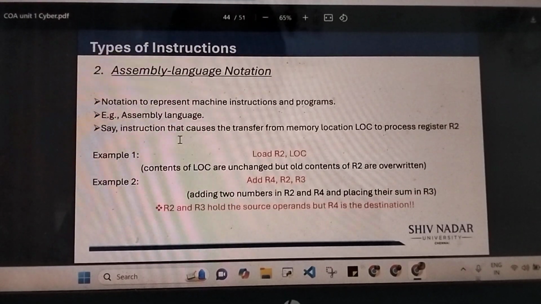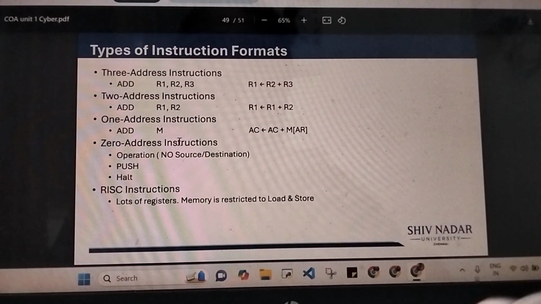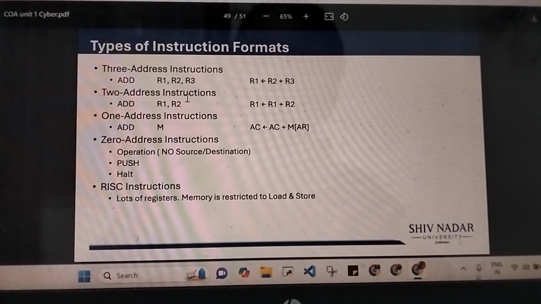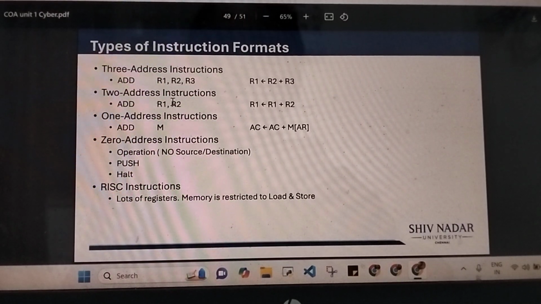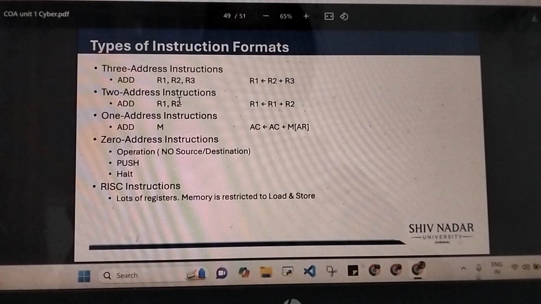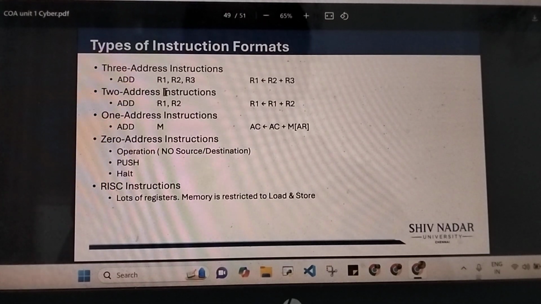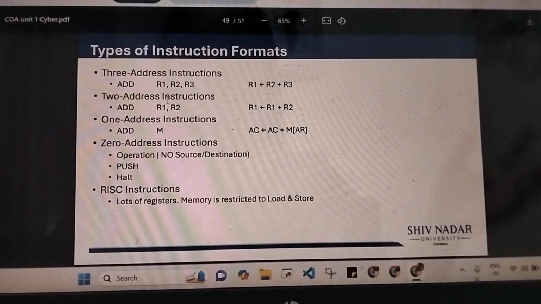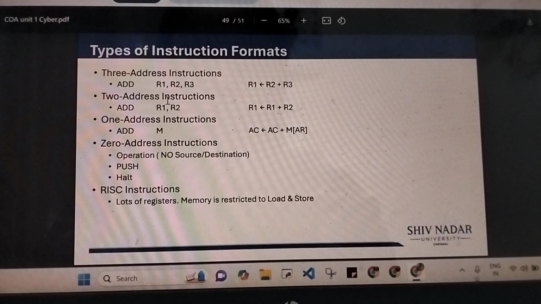So that's what happens in 2 address instructions. So if you say add r1 comma r2, the contents of r1 and those of r2 are taken, they are added and then they are put back in r1. So both of these are source operands and one of them also acts as the destination operand. So which is that, the left hand side or the right hand side one, which also acts as the destination operand? That again depends on your system hardware and architecture.